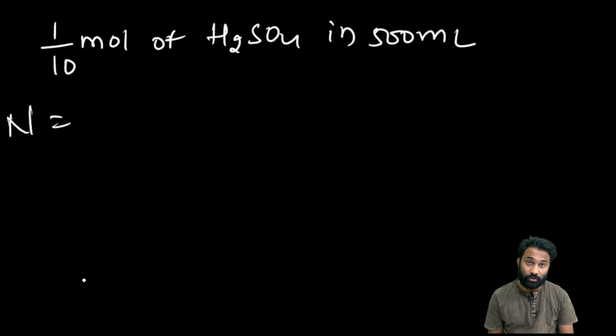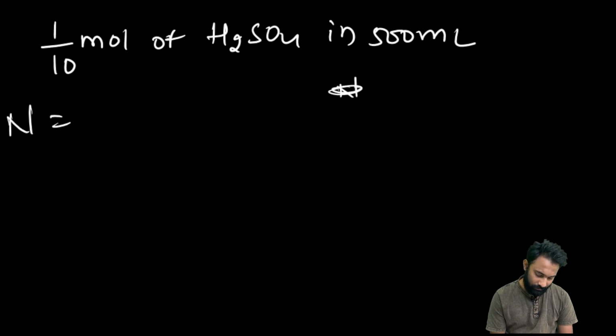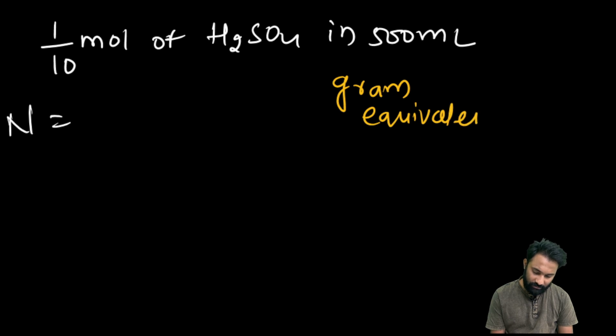Yesterday, when I was deriving the normality questions, I explained one beautiful formula. What is that? Gram equivalents, or equivalents, is equal to number of moles into n factor.